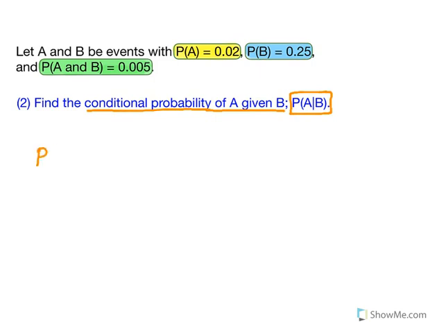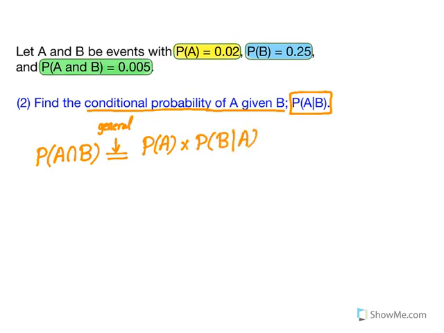I will remind you that the probability of A and B, in general, is probability of A times probability of B given A, and at the same time you can write it as the probability of B times the probability of A given B.